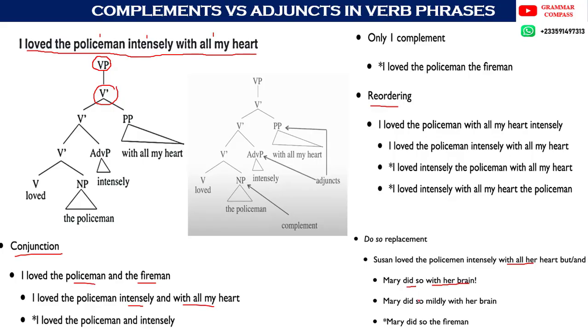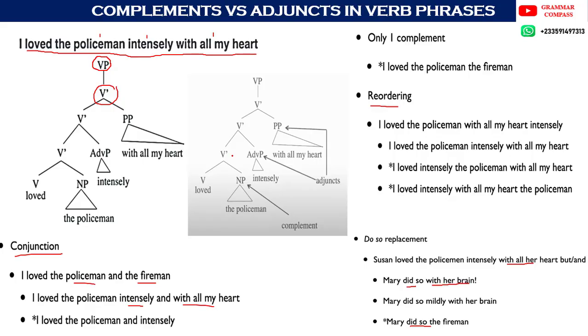You can replace the head word when you have an adjunct qualifier, but you can't replace the head word when you have a complement qualifier. So it will be incorrect to say Mary did so the fireman. No, you can't replace the head when you have a complement after the head, but you can replace the head when you have an adjunct after the head.